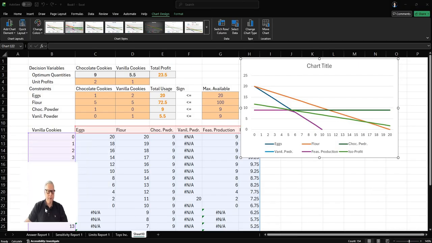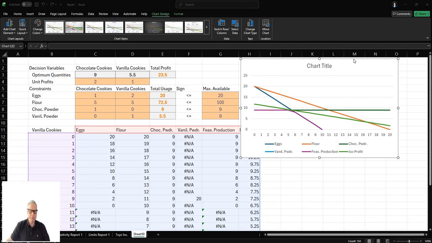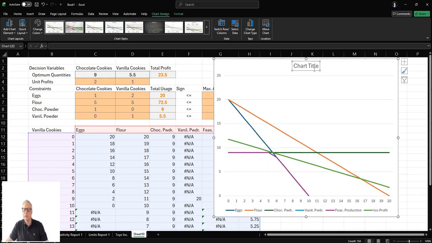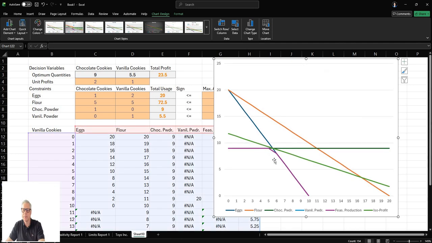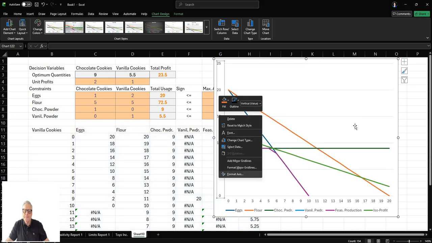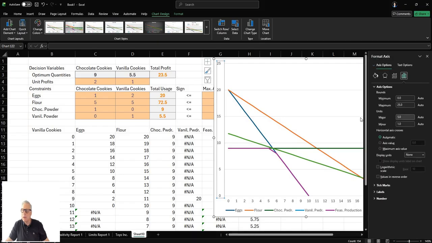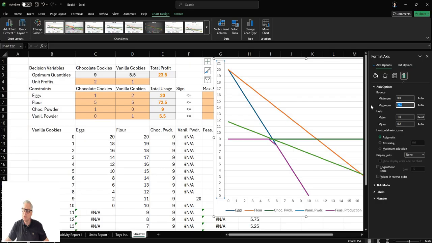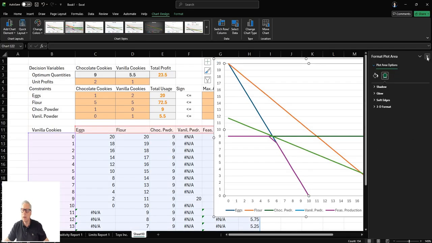Let me move that out of the way. Okay, so let's make that nicer and see what's going on. First, we decrease the major units to 1 so we can see better.